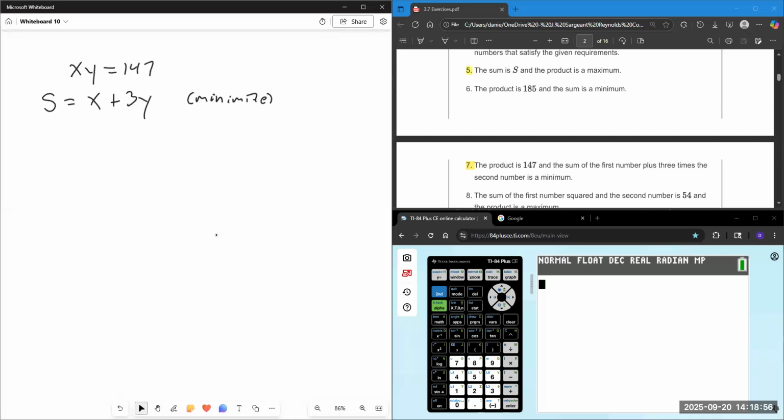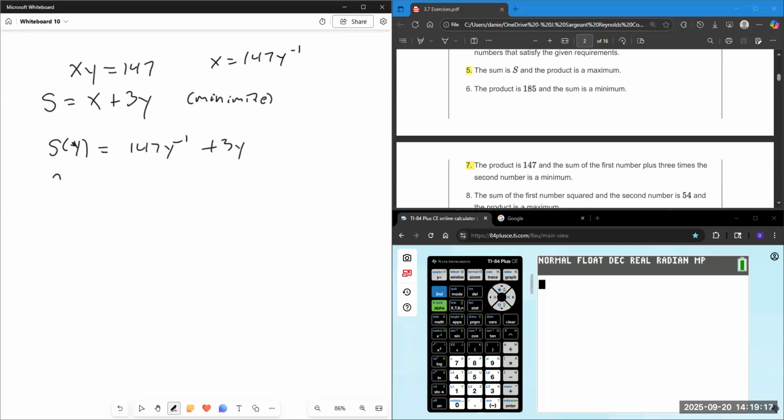Minimize S here. So I'll solve for x to get everything in terms of y, 147y to the negative first. So S of y is 147y to the negative first plus 3y.